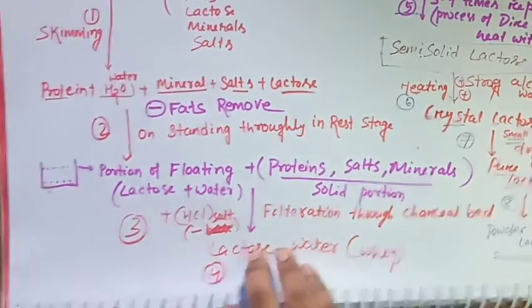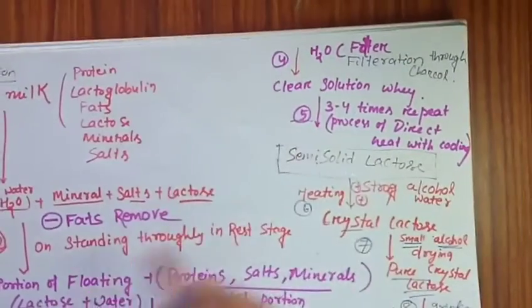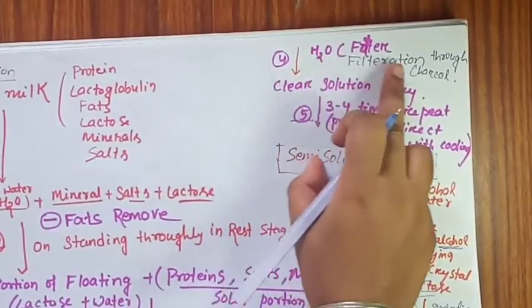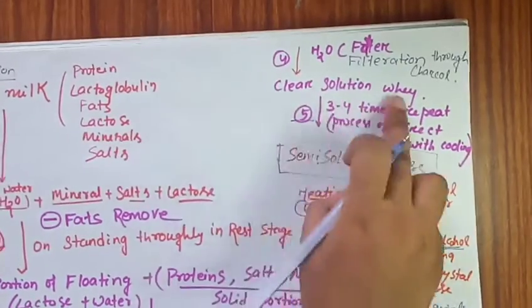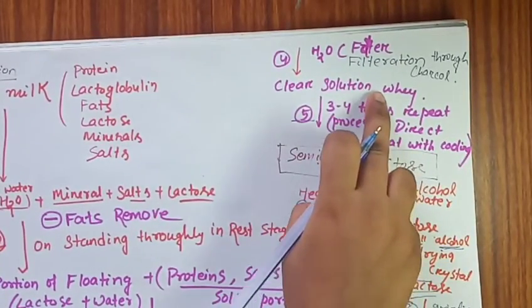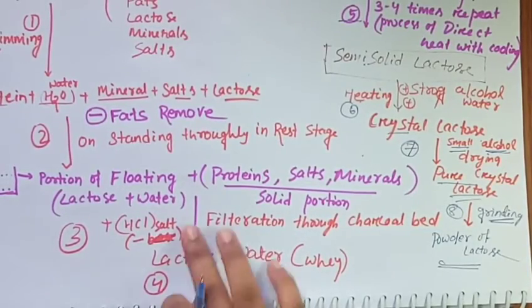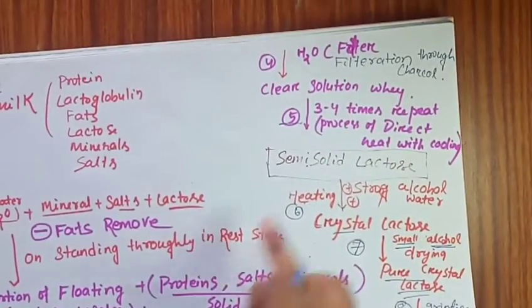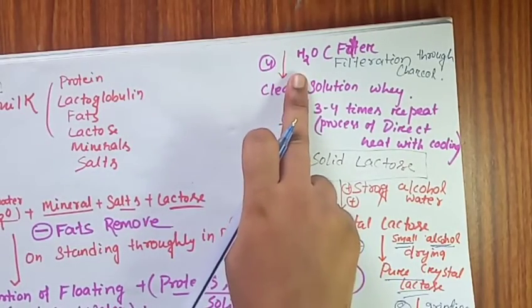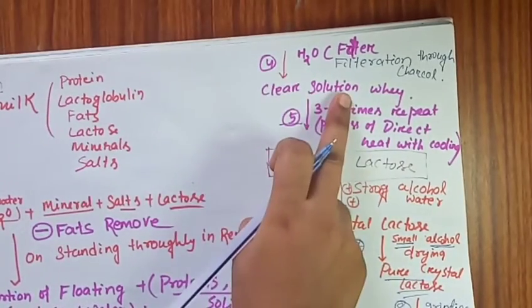Then in the fourth stage, we add water and do filtration through charcoal, so that we can get a clear solution of whey. That is, the lactose solution which is filtered. When we add more water, then we get the clear solution of whey.